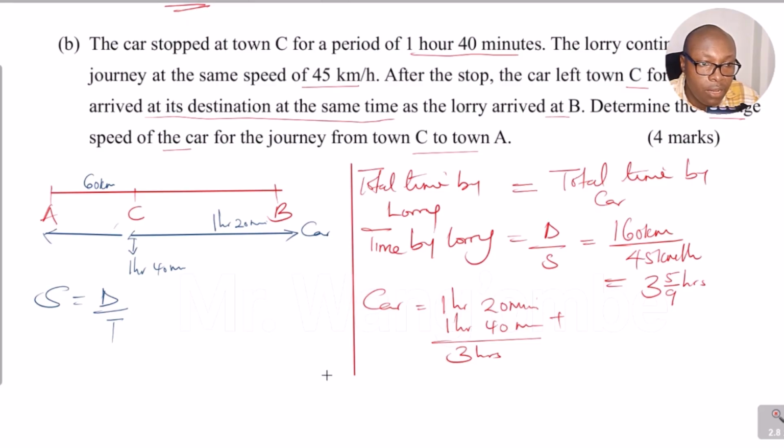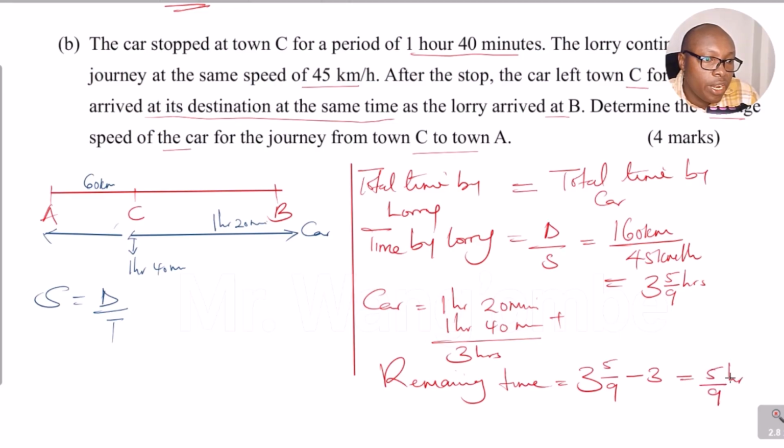What is remaining is the time from C to A. We take the total time, 3 and 5 over 9, then subtract the 3 hours taken. This gives 5 over 9 of an hour. That is the time taken from C to A.